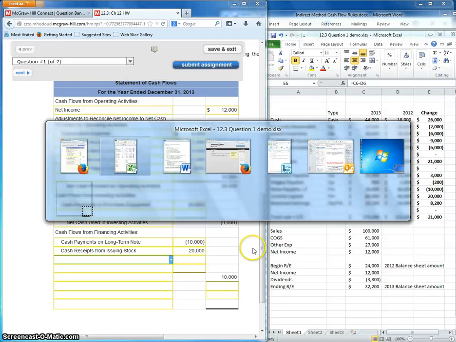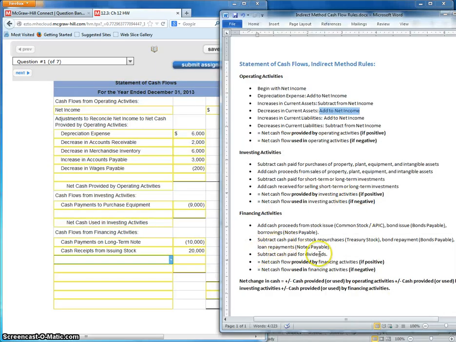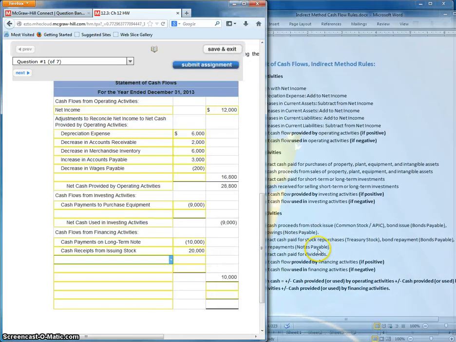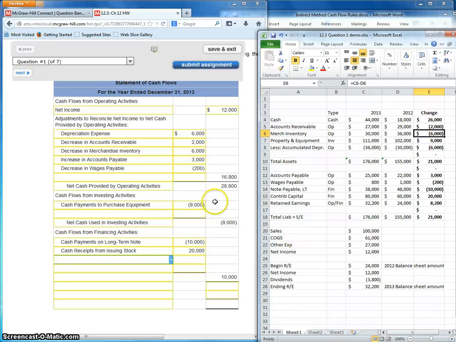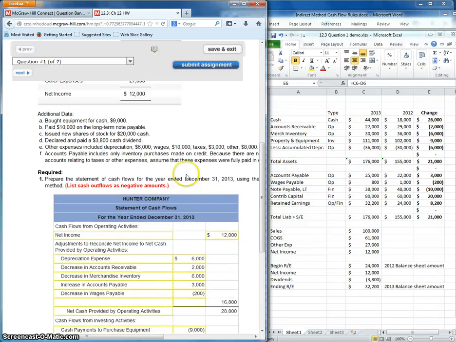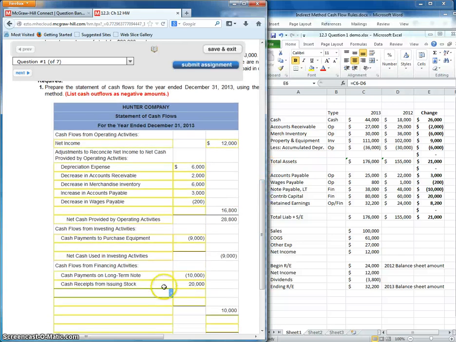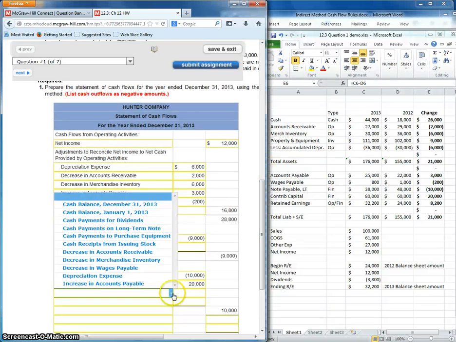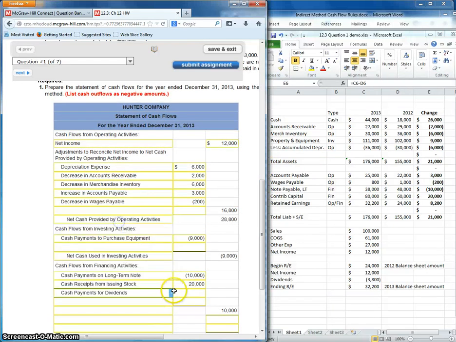Finally, financing activities. Subtract cash paid for dividends. I think our problem has some dividends in it. If we go in here, we declared and paid a $3,800 cash dividend. We paid it. That's cash out of the bank. So let's see, cash payment for dividend. It was $3,800.